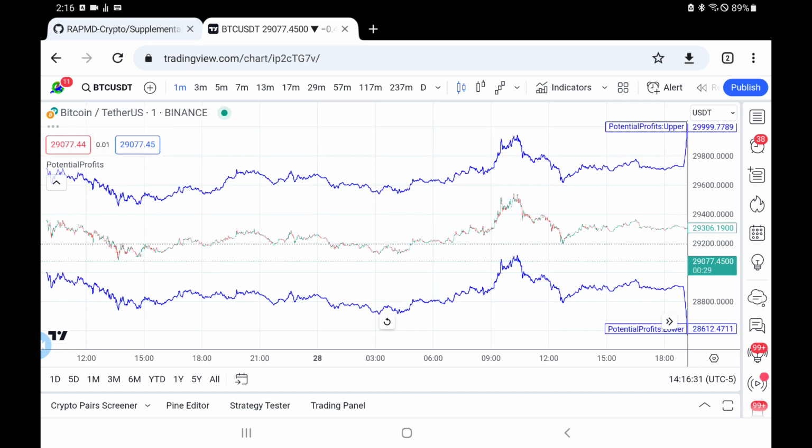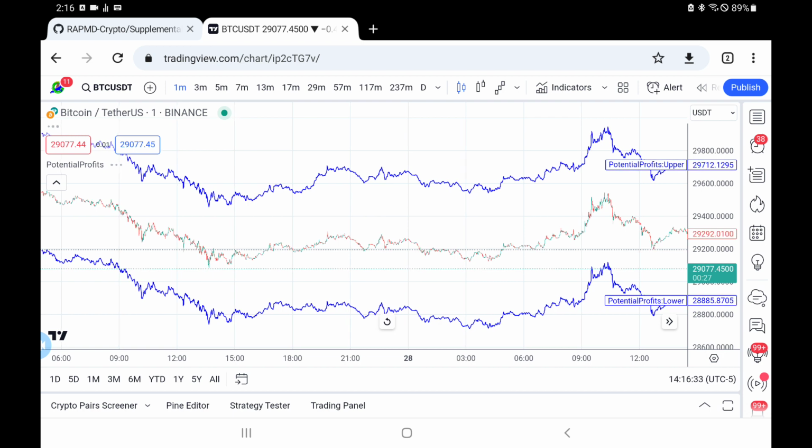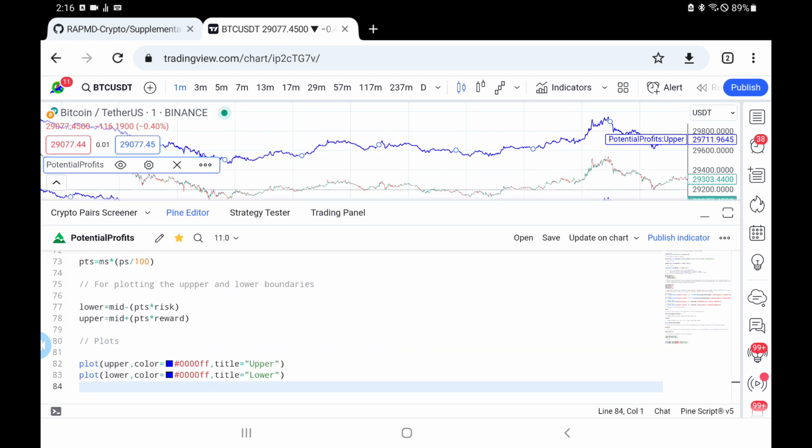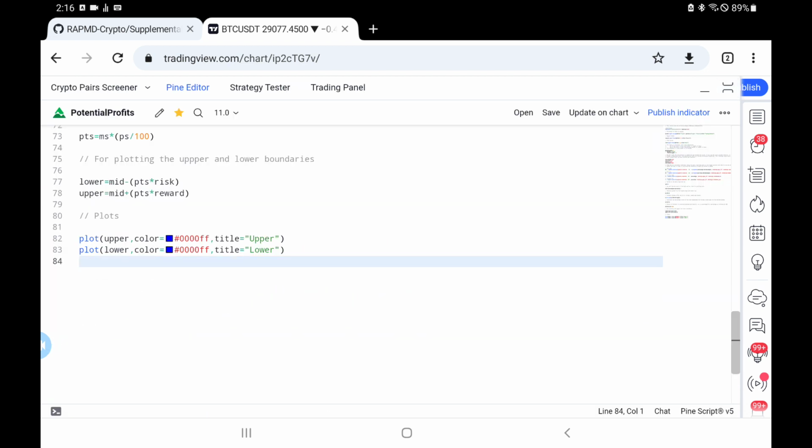So, download this script, play with it, look at it, plug it into TradingView, copy and paste it in, save it, and then add it to your charts. This is how you will get, overall, the basic consensus of what the market is capable of doing. The script itself is not very long. It's not very useful by itself either.